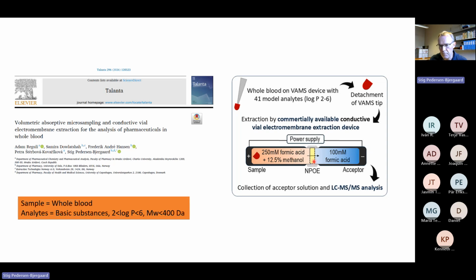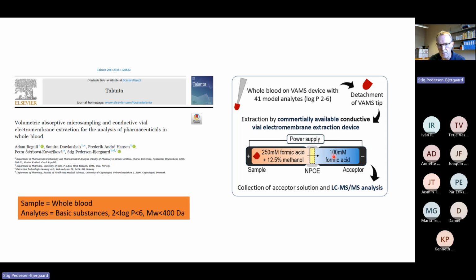So we used the NPV membrane because, as we just discussed, it has an extraction window from log P 2 to 6. So it's perfect for this application, and we extracted into 100 millimolar formic acid in the acceptor solution.